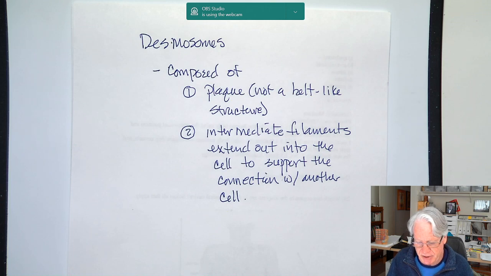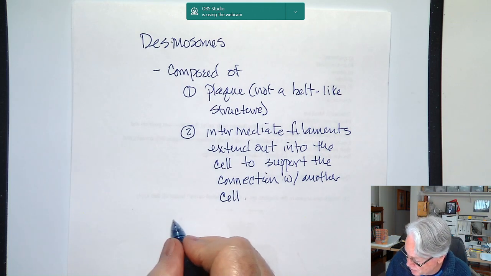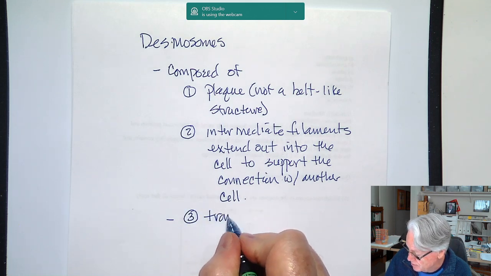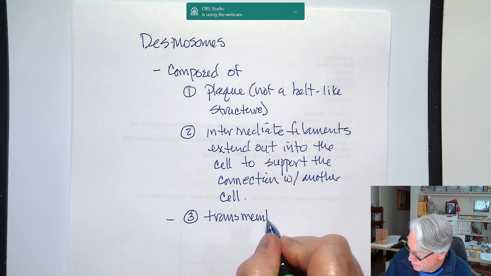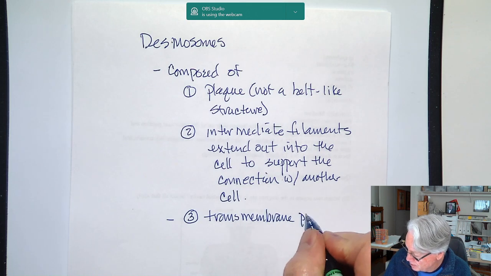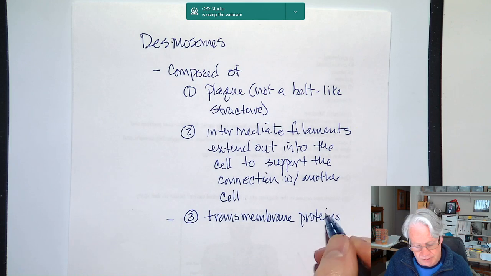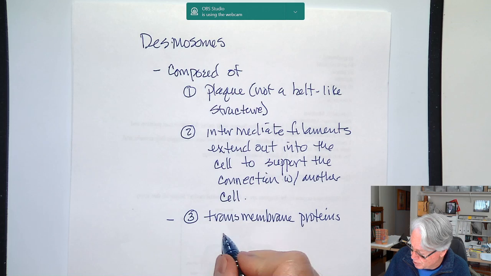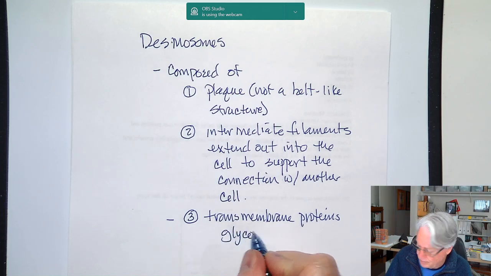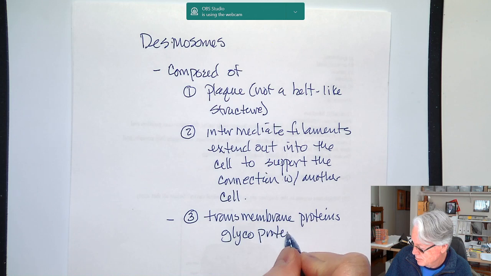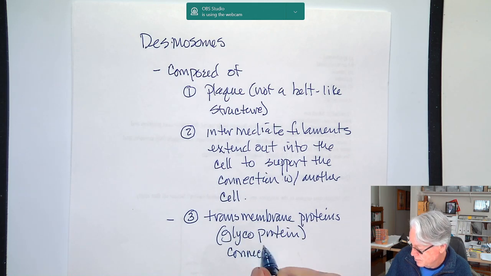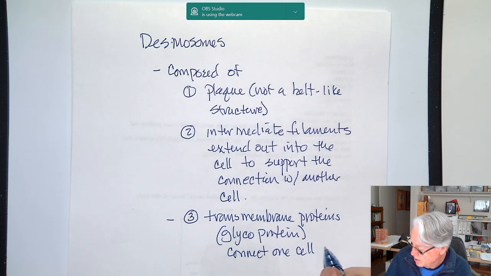All right. And third thing, we're going to have our transmembrane proteins, which are glycoproteins. And these are going to connect one cell to another cell.